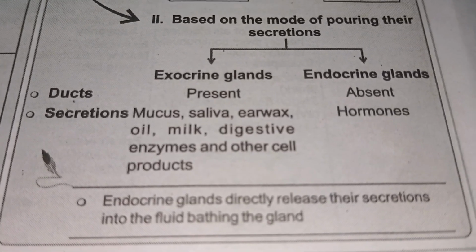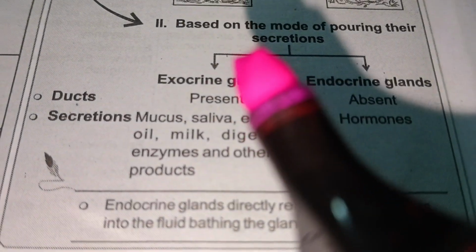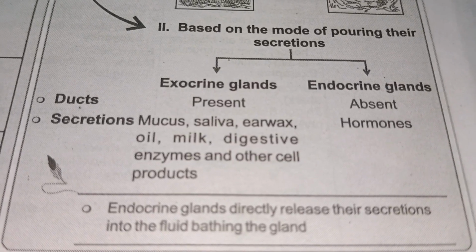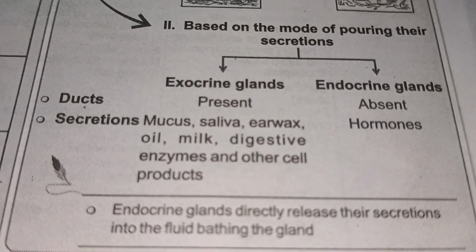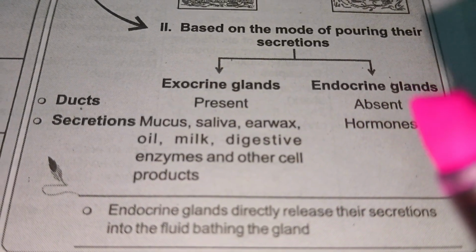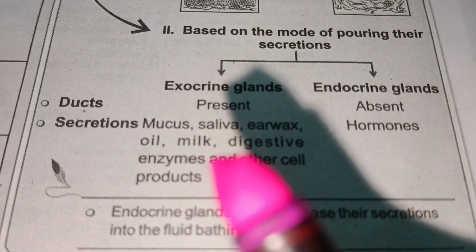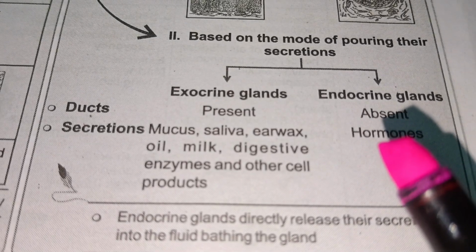ducts are absent in the endocrine glands. Now here many students are confused how to remember the exocrine glands and the endocrine glands, means in which gland the ducts are present or absent. So we can see how the secretion of exocrine glands and endocrine glands is released.